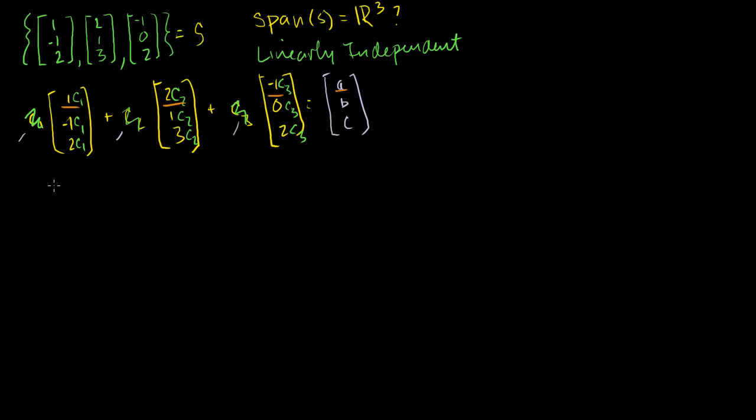We get C1 plus 2C2 minus C3 will be equal to A. Likewise, we can do the same thing with the next row.